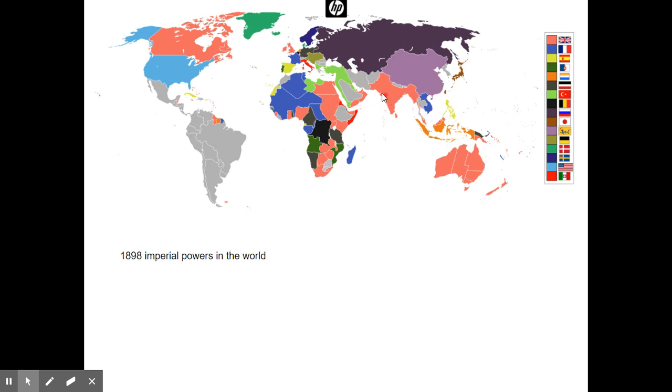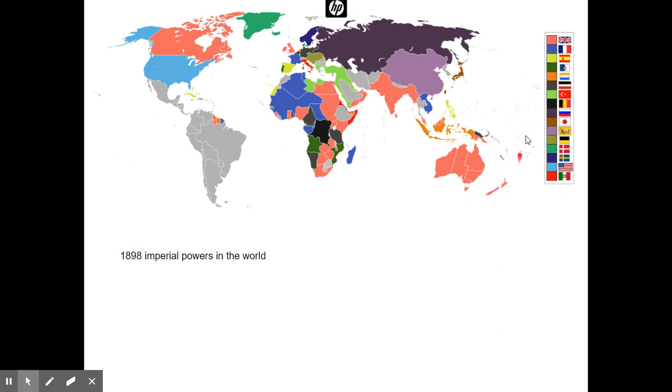Look at all the land the British took over in India. Then you can go to China and see all the land that was taken over. Australia was taken over. All these island nations were taken over. Madagascar, the French took over. You've got all these European countries that took land.